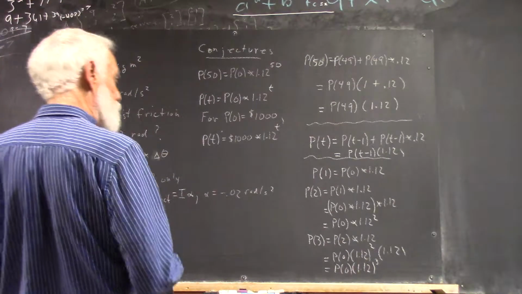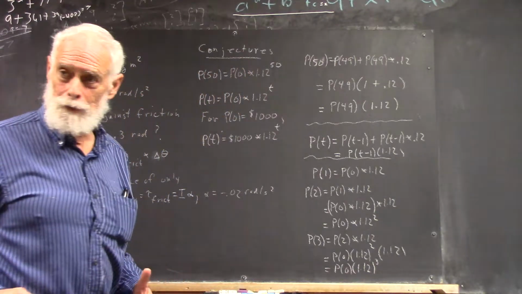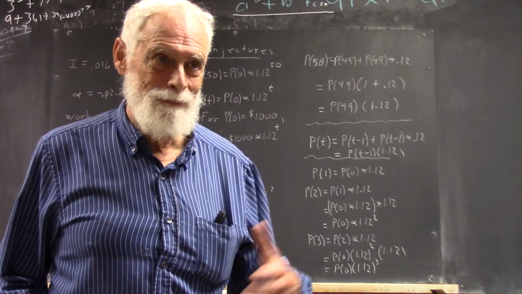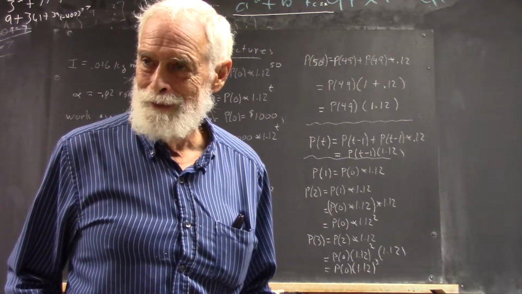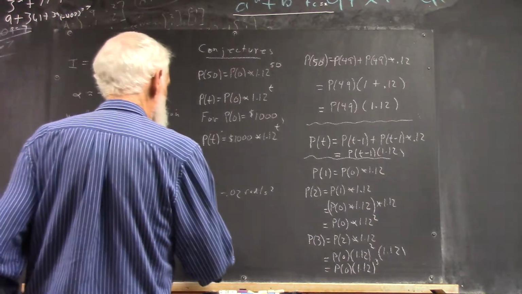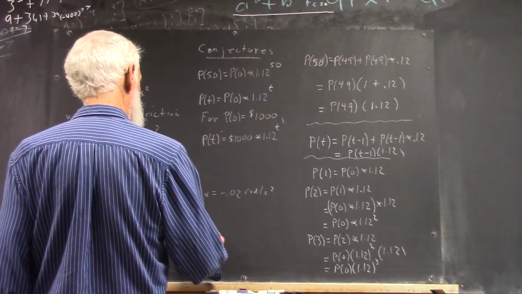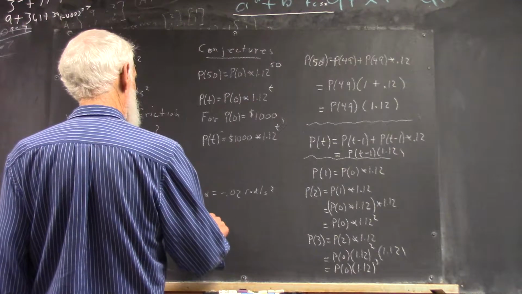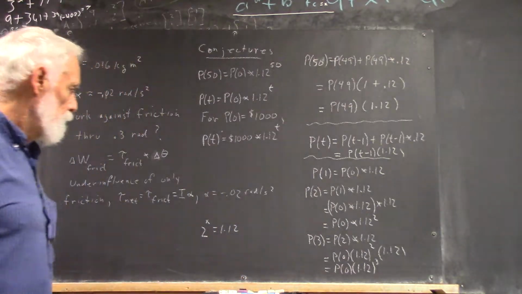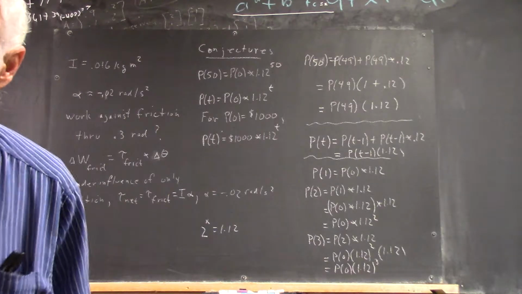Now, I'm going to do something that you're probably not going to totally understand. Okay? But by next week you will. Okay, so I'm going to kind of throw it out to you now. What's the solution to 2 to the x equals 1.12?